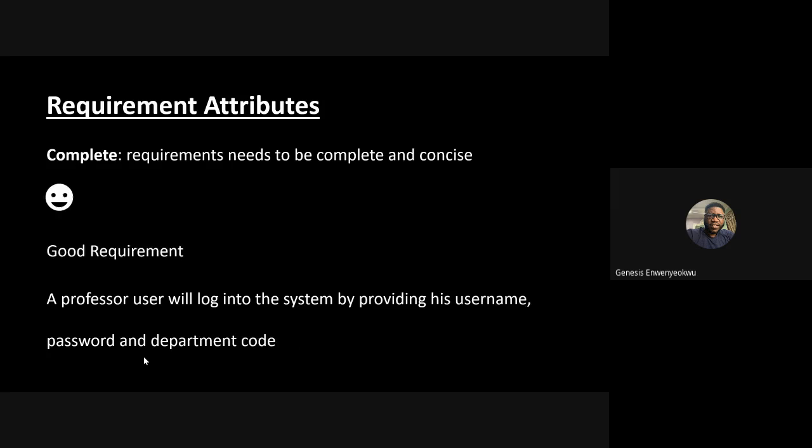So a good requirement would be that a professor user will log into the system by providing his username, password, and department code, or maybe his username, password, and staff ID. So you must ensure that you are concise in your requirement as a business analyst, and you don't allow stakeholders to start making assumptions when they are implementing your requirement. So it's good for you to evaluate your requirement based on it being complete and concise.